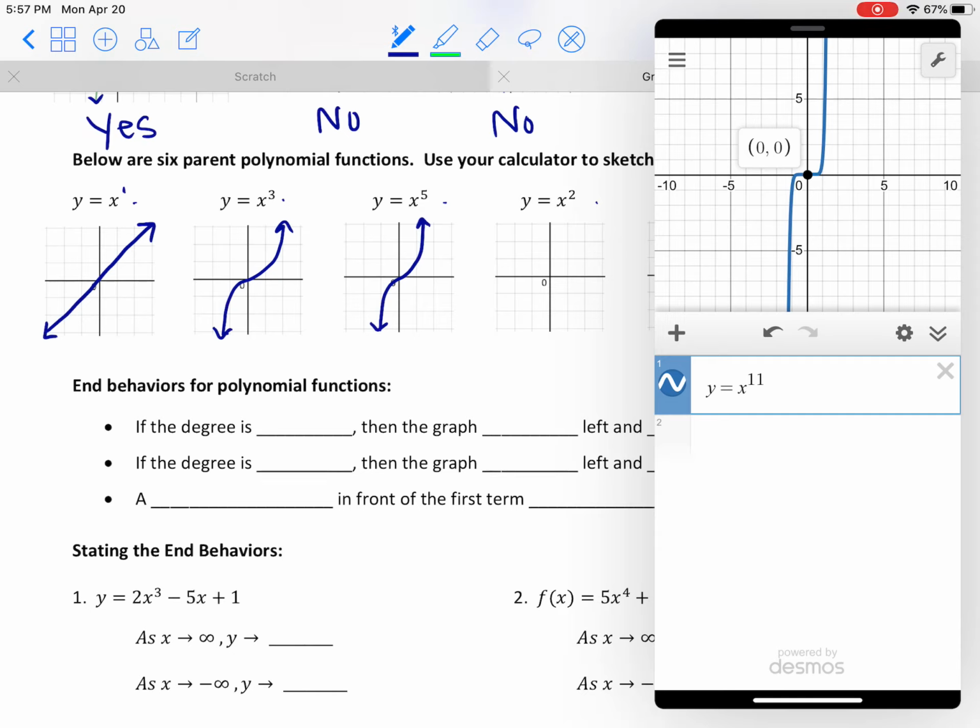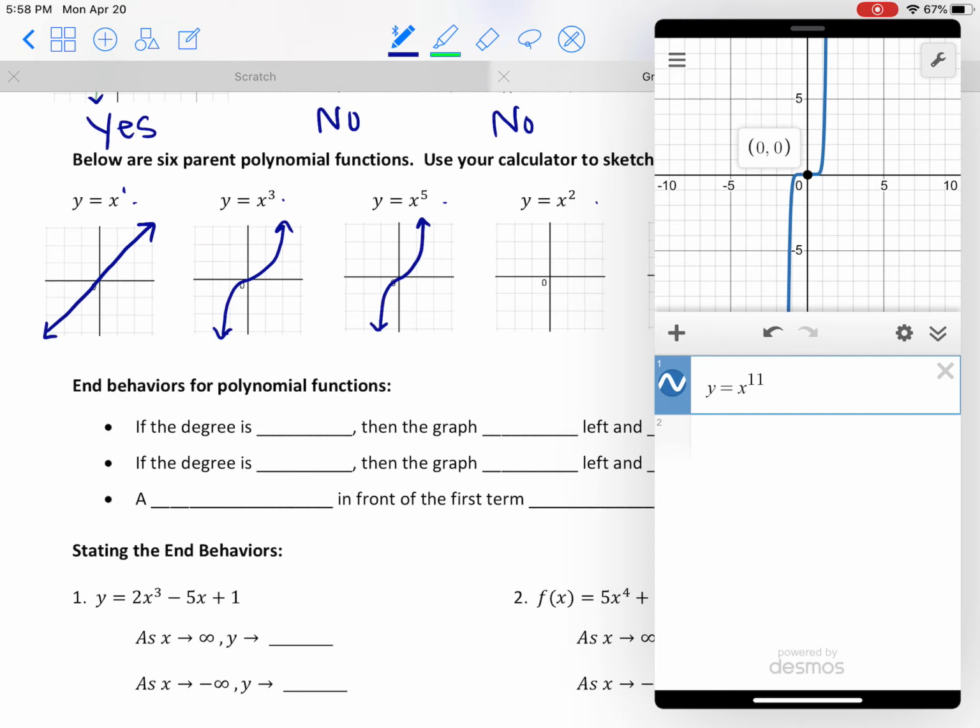This point here at the origin, we call it an inflection point, where it's not changing direction. That graph is increasing the entire way, but it just slows down as we cross the x-axis. As that inflection point gets flatter, the degree of the polynomial is getting larger. And I think we saw that before with one of the sets of notes we looked at in this unit.